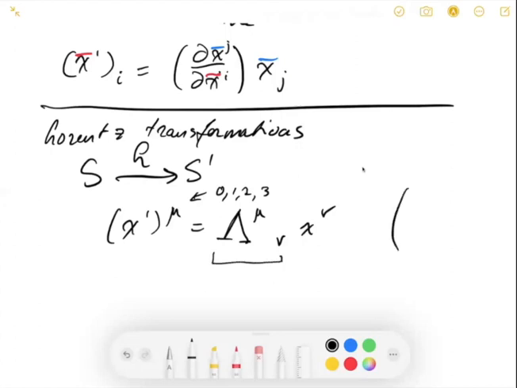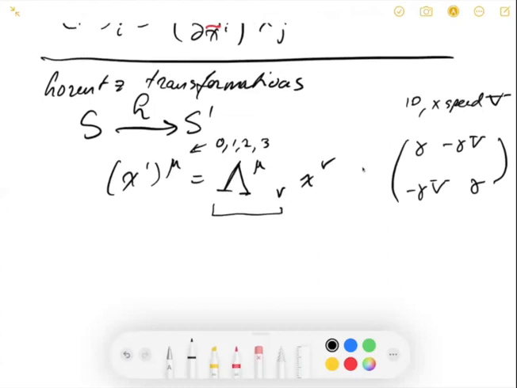For instance, the very straightforward one has gamma, minus beta gamma, for 1D x with speed v. That's a very idealized Lorentz transformation, but that's what you get.